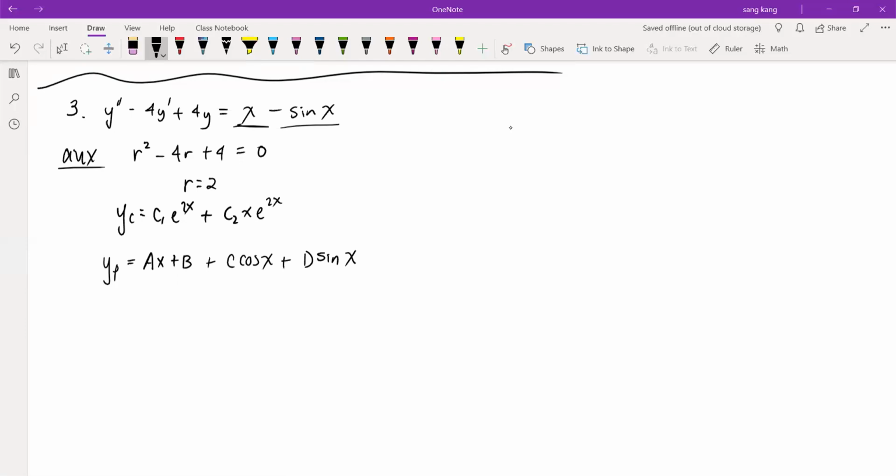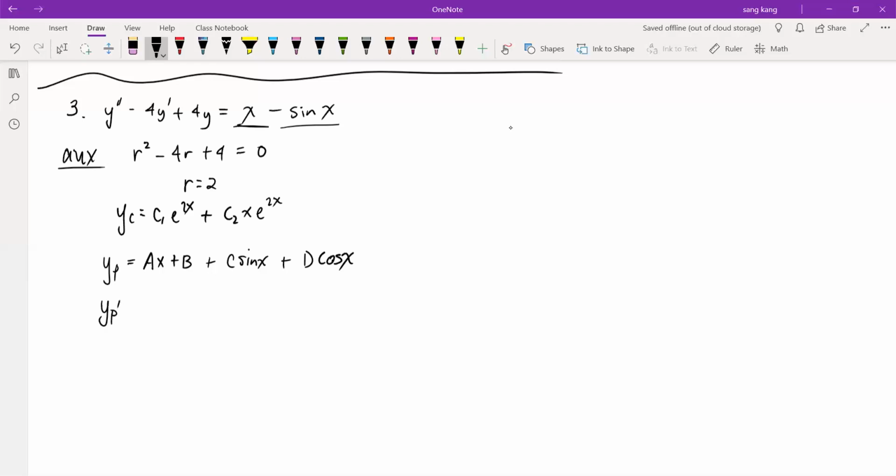So yp, actually I'm going to write it the other way just because the solution writes it this way. It really doesn't matter. I'm going to switch sine and cosine so it matches what I have on my sheet. Okay, so it should be c sine x, d cosine x, but it really doesn't matter.